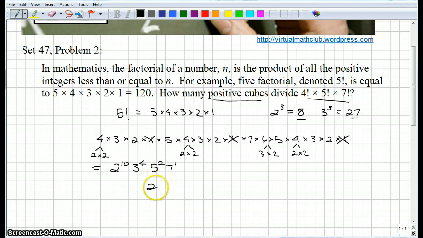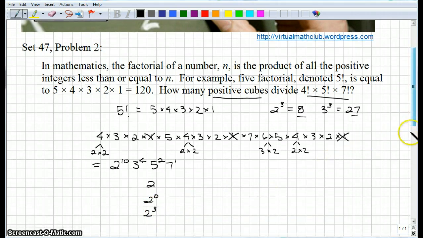You could have 2 to the 0, which is just 1, and that's a cube, and that would divide it. The next one would be 2 cubed. Obviously 2 squared and 2 to the first aren't cubes, so the next cube would be 2 cubed.